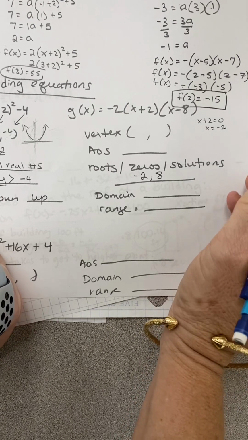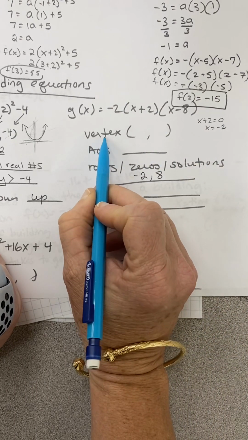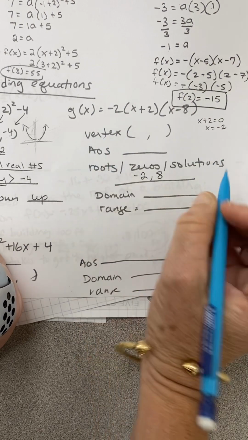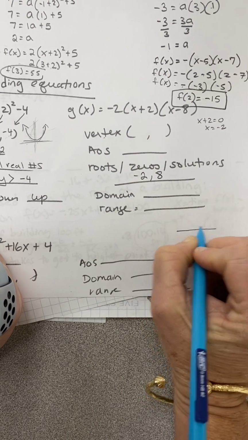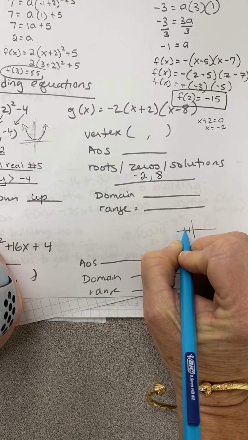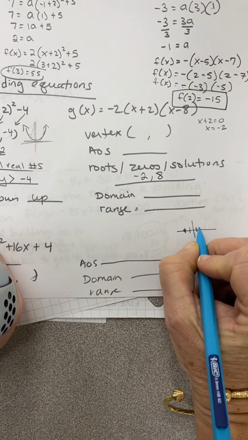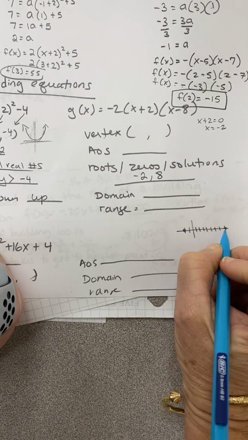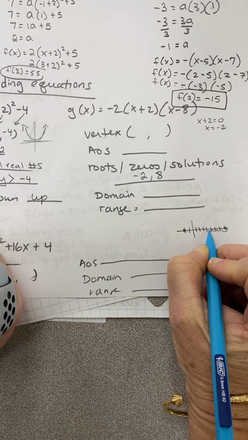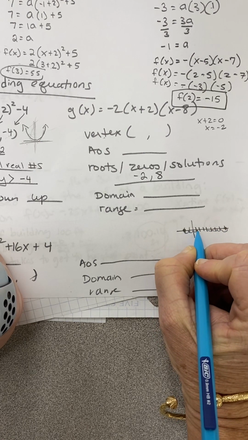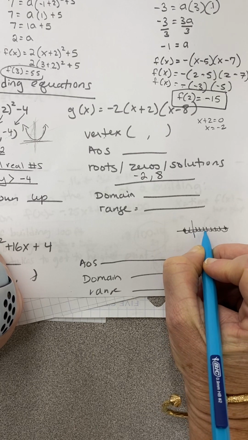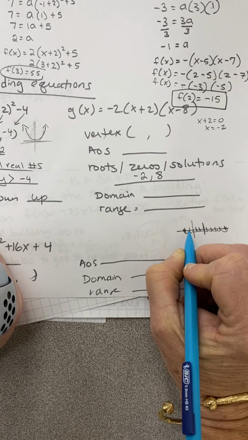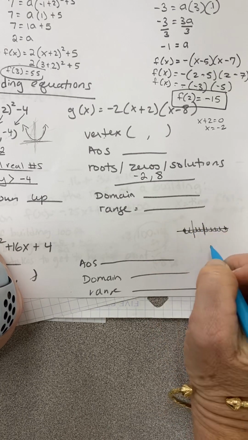To find the vertex, you can do this two different ways. You can say to yourself, okay, the zero is -2, 1, 2, 3, 4, 5, 6, 7, 8, and 8, what is smack dab in between? Well, it's going to be right in between, which is 3.